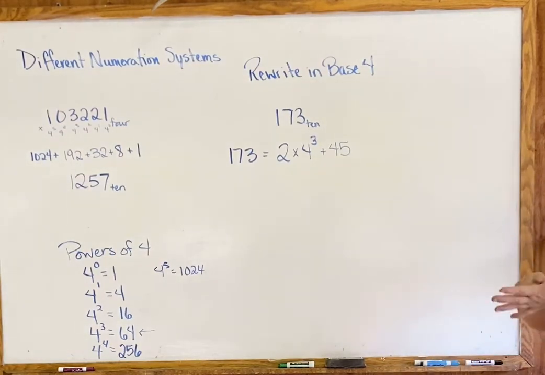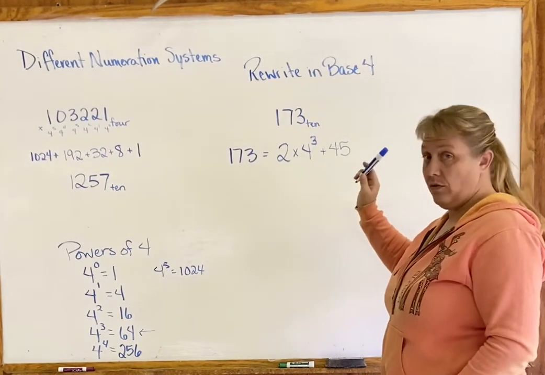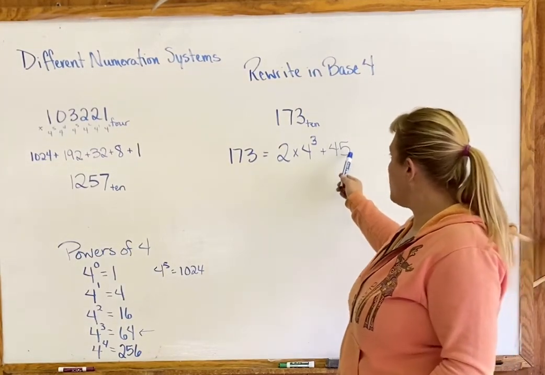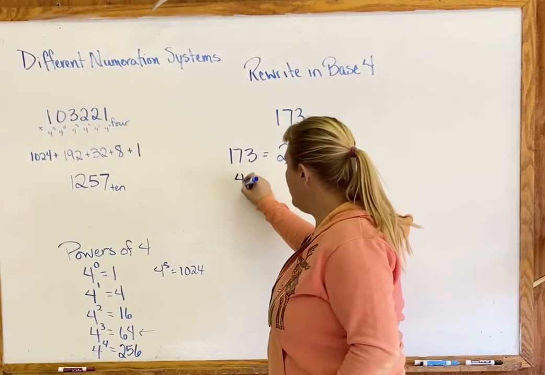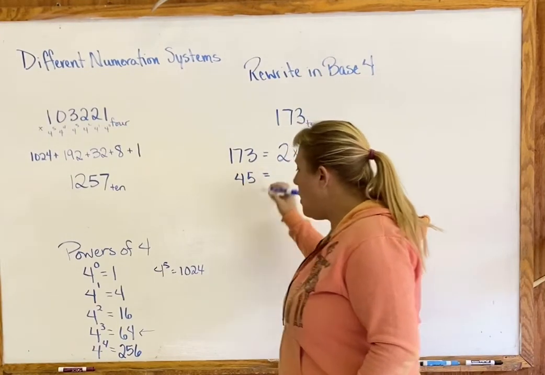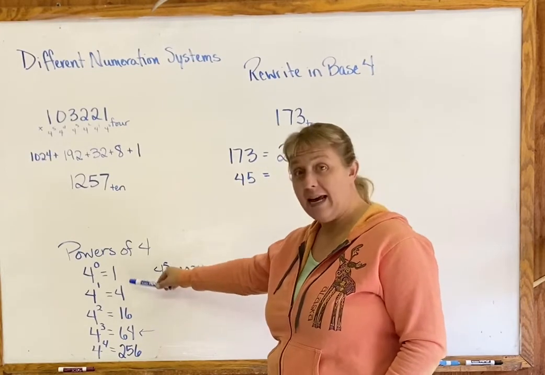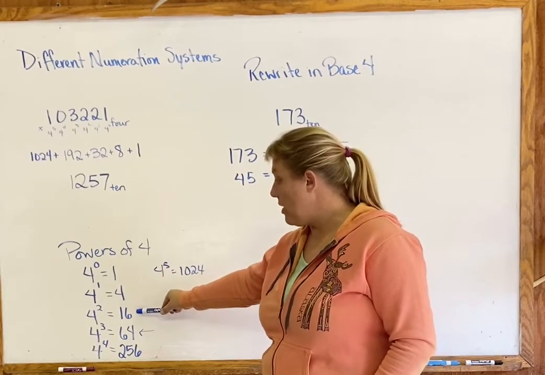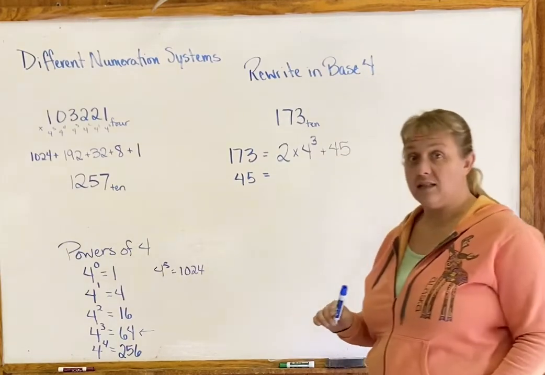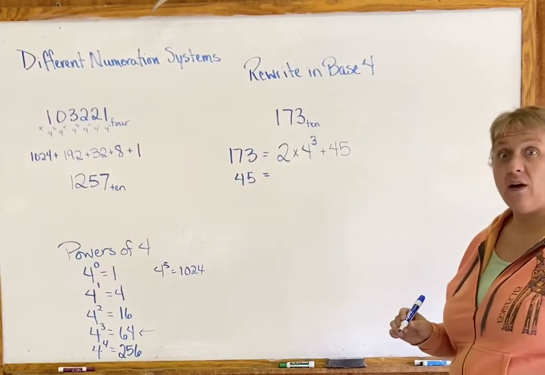Now, I know it's all this addition, subtraction and division, in your calculator, or by hand if you want, but that's what we're looking at here. Now, the next thing we're gonna do is take this 45 and move it down here. And now, using the next guy in the list, we need to figure out how many 16s are in 45.